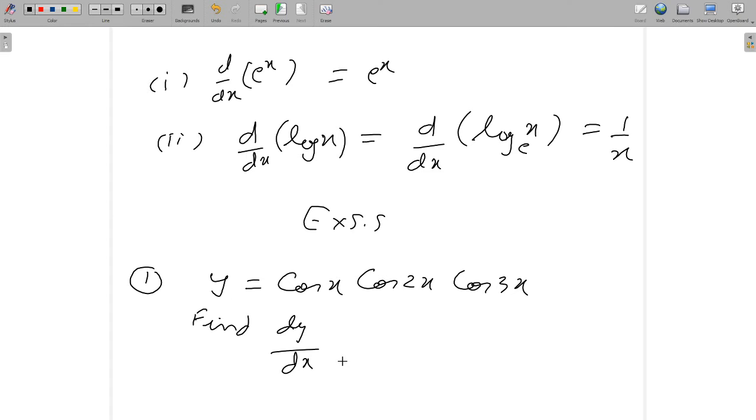Here we can see that y is a function of x, and there are three terms: cos x, cos 2x, cos 3x. I told you, when two or more terms are being multiplied, we must use logarithmic differentiation. So let us use logarithmic differentiation here. In step 1, we'll take log both sides.